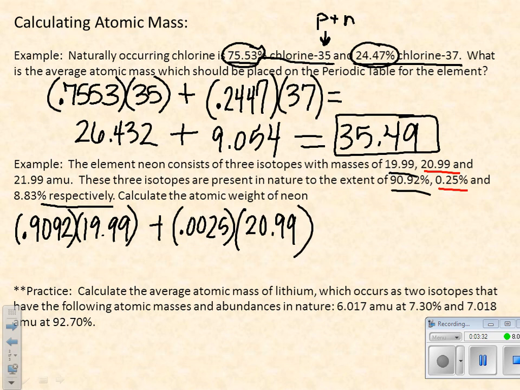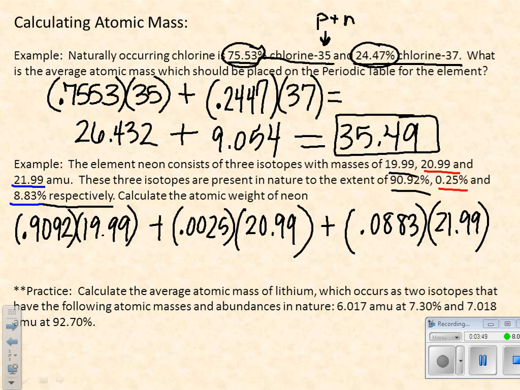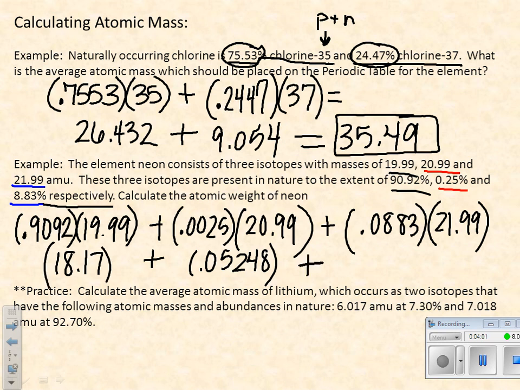Okay, plus these last two over here, 8.83% and 21.99. So that one's going to be plus 0.0883 times 21.99. Okay, so we're going to add all these up, and for this one you should get 18.17 plus 0.0524 plus 1.942 equals.